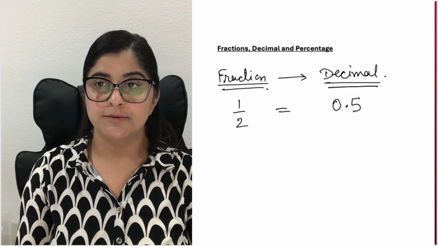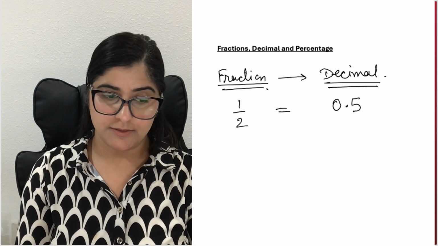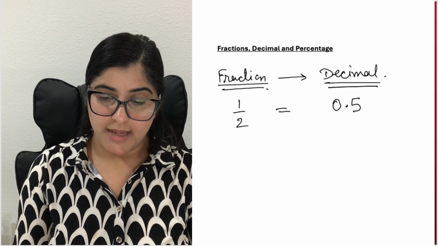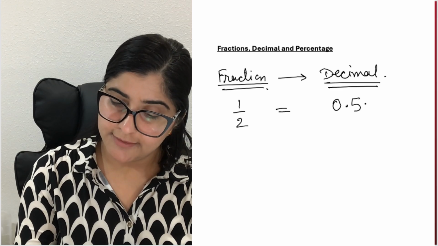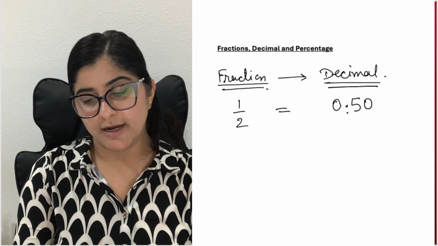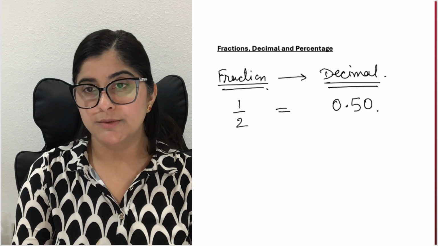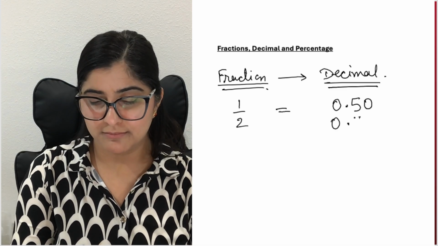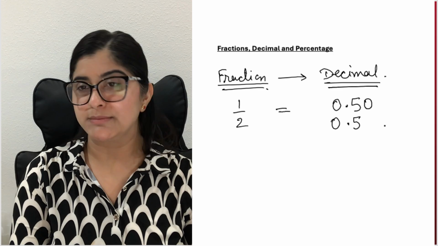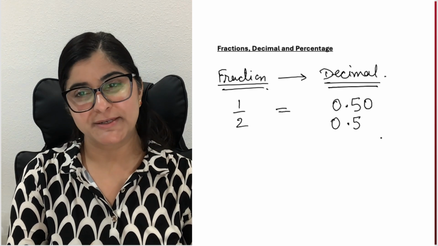We just divide 1 by 2, so that is 0.5. And if you write 0.50, the last zeros don't matter, it's the same. We can add as many zeros as we want at the end. It's just 0.5.